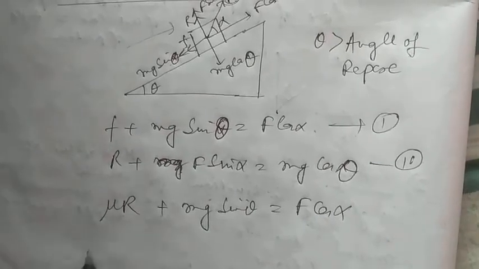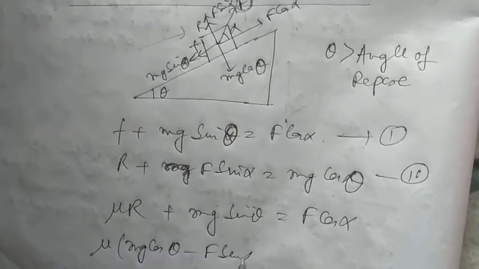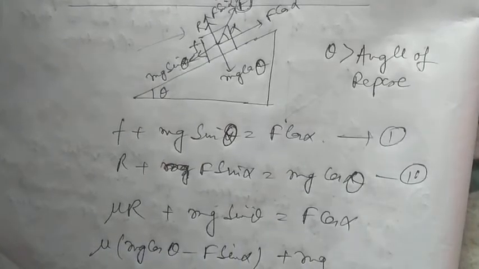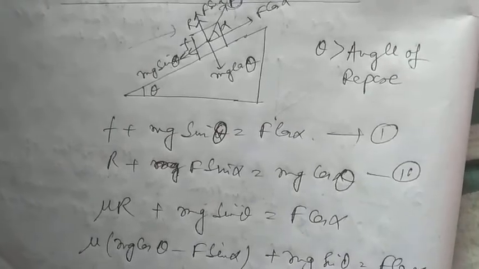Now what is R? R is mg cos theta minus F sin alpha. So mu R plus mg sin theta is equal to F cos alpha.